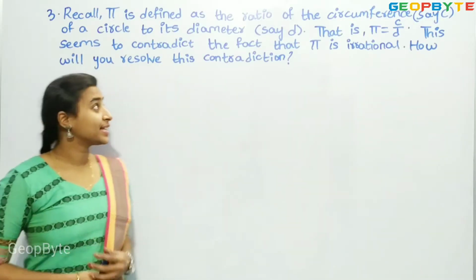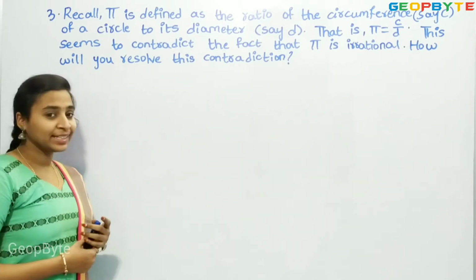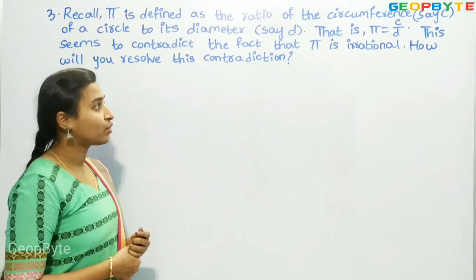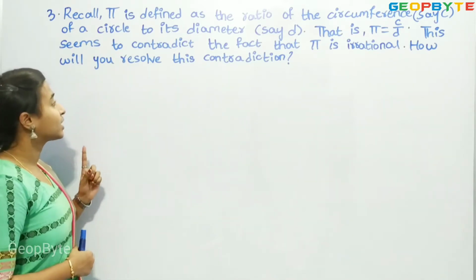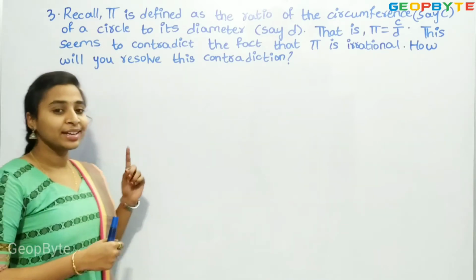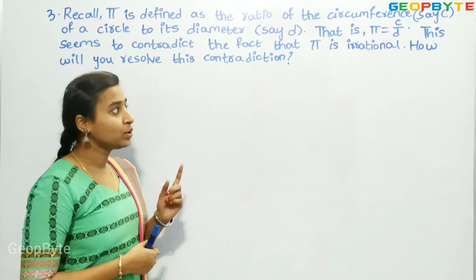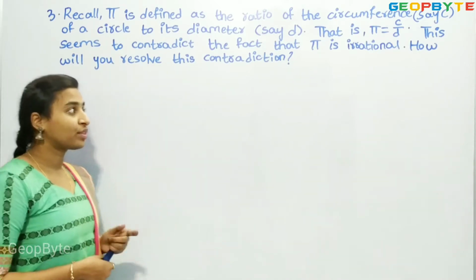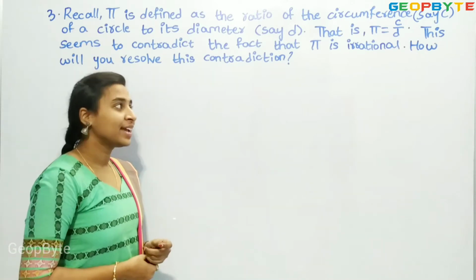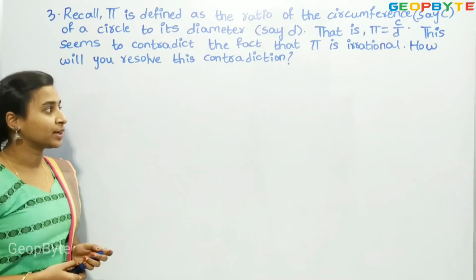Now let us see the third question. Recall pi is defined as the ratio of the circumference, say C, of a circle to its diameter, say D. That is pi is equal to C by D. This seems to contradict the fact that pi is irrational. How will you resolve this contradiction?